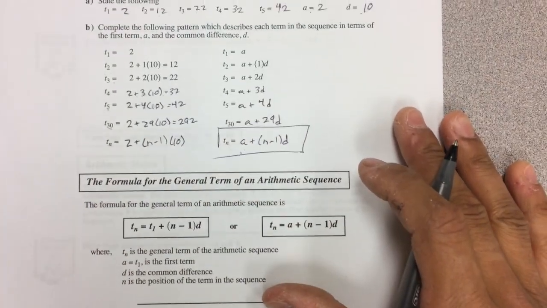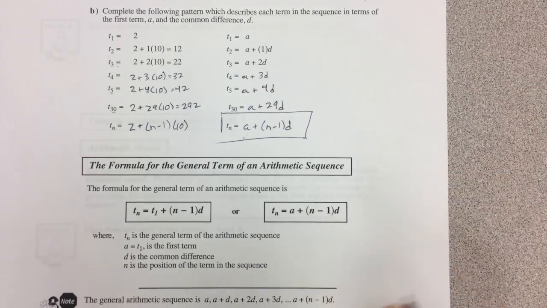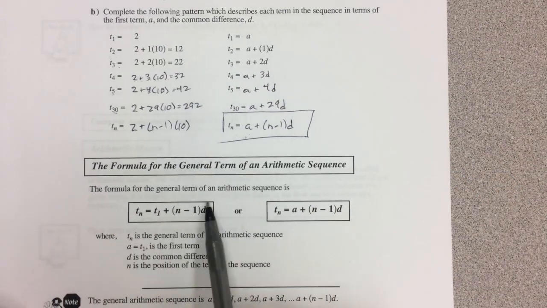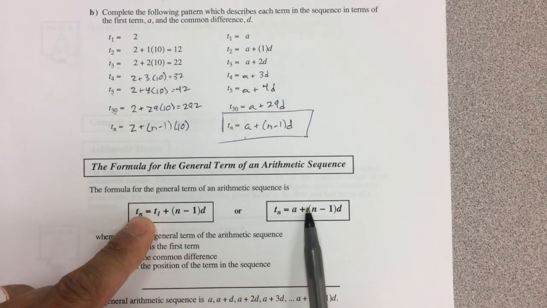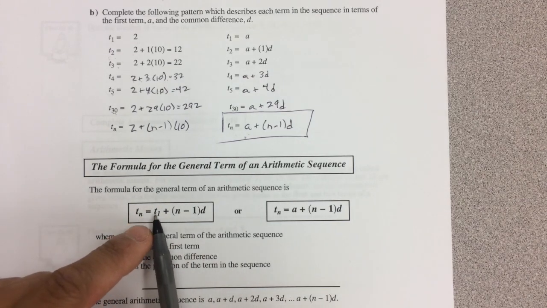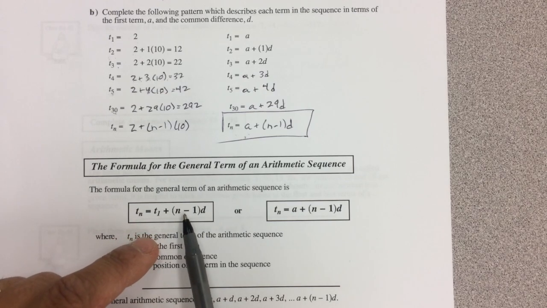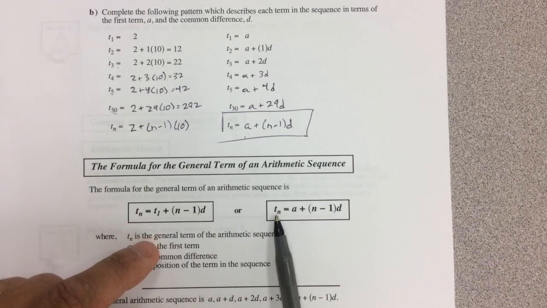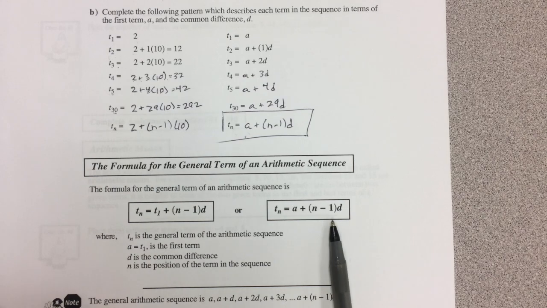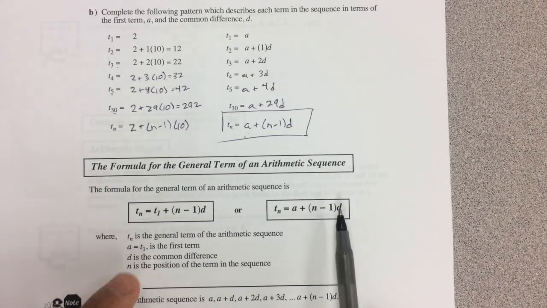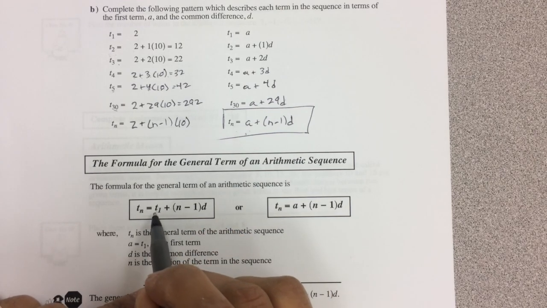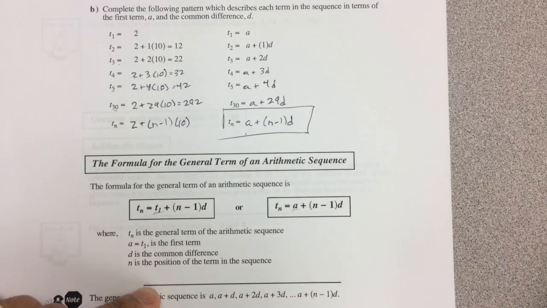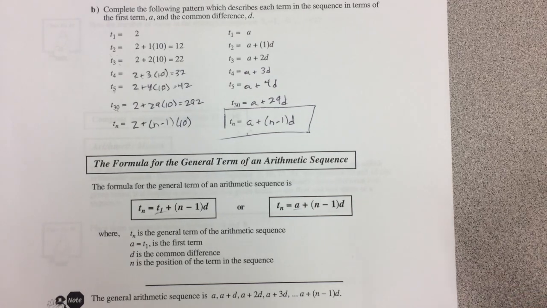So that brings us to this next section. The formula for the general term of an arithmetic sequence is given here or here. The way you read this is Tn is equal to T1 plus n minus 1 times d, or Tn is equal to a plus n minus 1 multiplied by d. These are the exact same formula. The only difference is this one uses the terminology of T1, and this one uses the terminology of a to represent the first term.